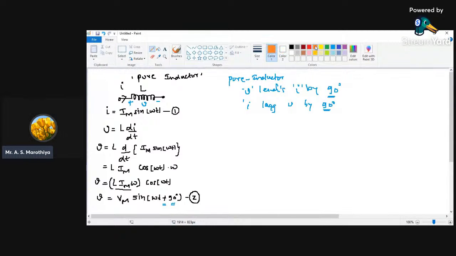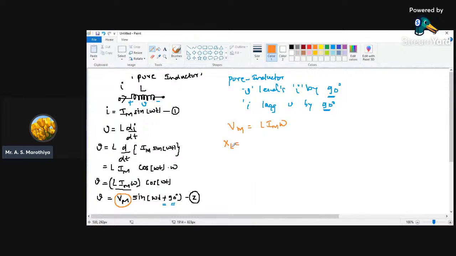And the next thing is, let us see the expression for this Vm. So I can write Vm equals L into Im into omega. Now suppose you are interested to find the ohmic opposition offered by this inductor to the flow of current through it, so I am going to represent that by XL.